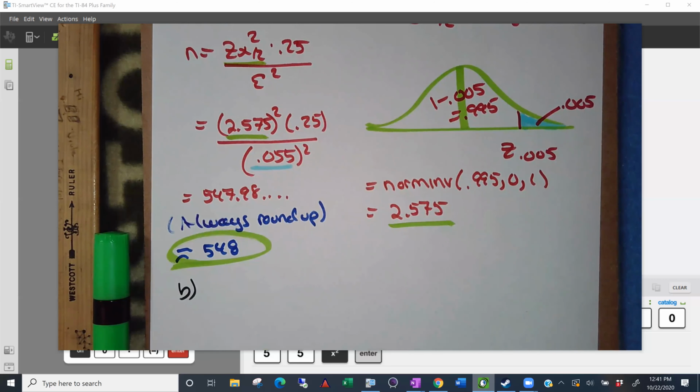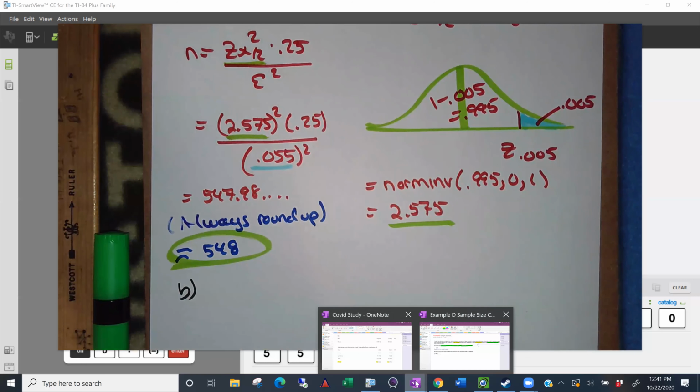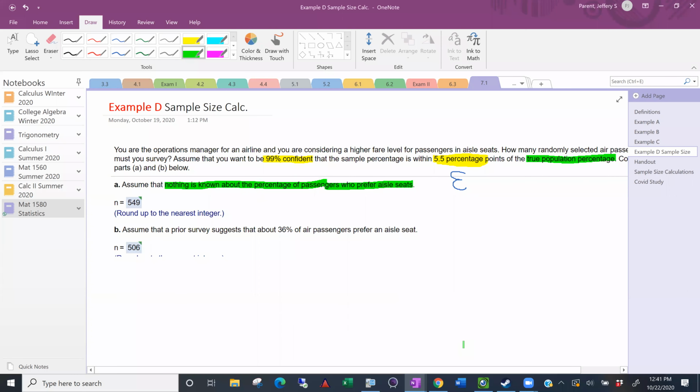The difference between part A and part B is part B says, you know what, I forgot, we actually do have some information. So let's highlight that information. It's right here. Assume that a prior survey suggests that about 36% of air passengers prefer an aisle seat.